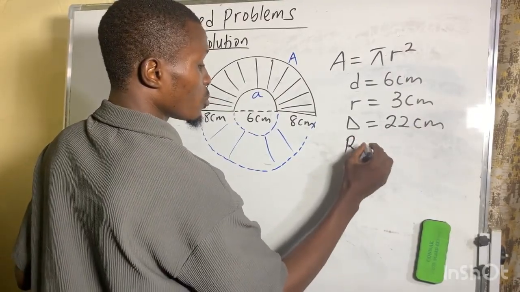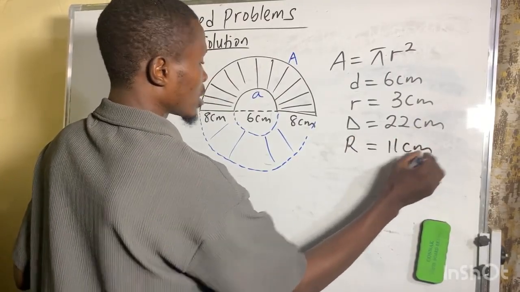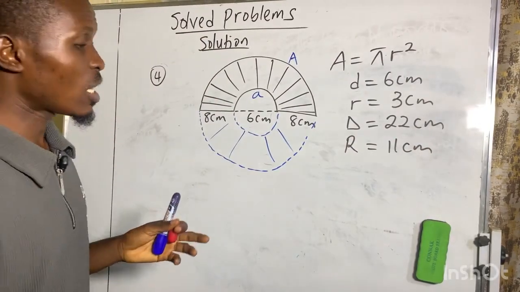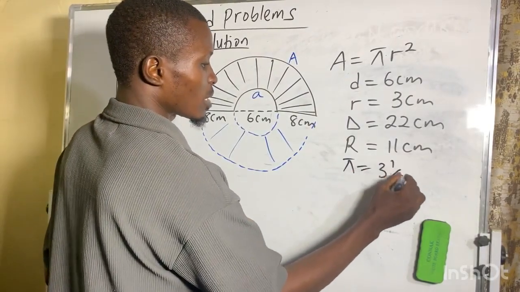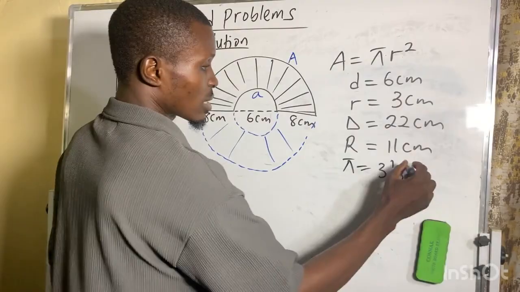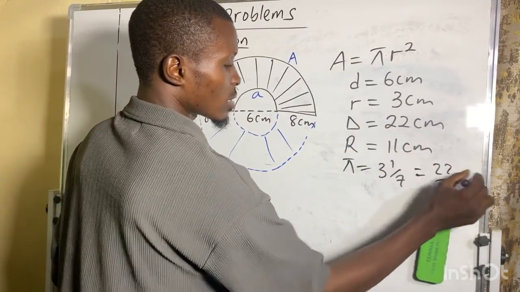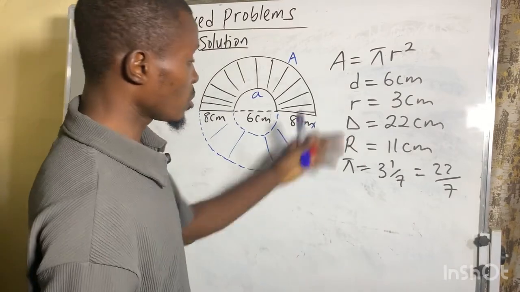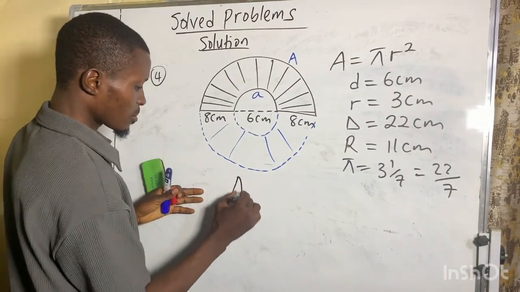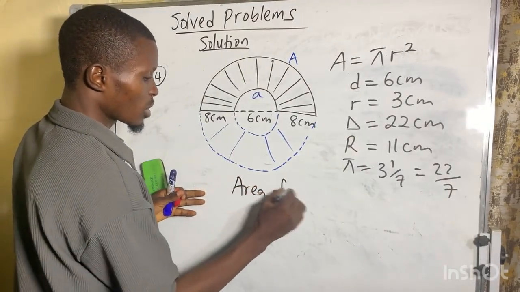So the radius will be 11 centimeter. Now we're also asked to use pi as 3 whole number 1 over 7, which is the same as 22 over 7. So we substitute this value to get the area of the shaded portion.